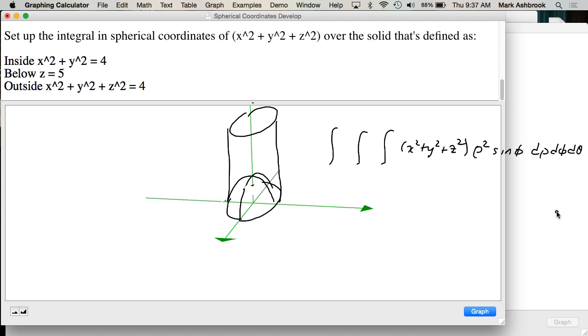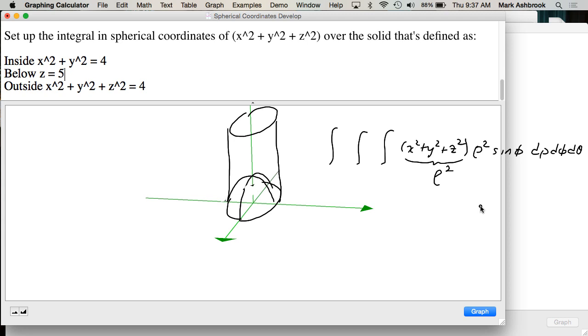We have to, because our variables are rho, phi, and theta. They're not x, y, and z, right? So what will it apply to? Rho squared. So then what do we integrate? Rho to the 4th sine phi is what we integrate. So the rho squared sine phi latches on to the function, and that's what we do the antiderivative of.